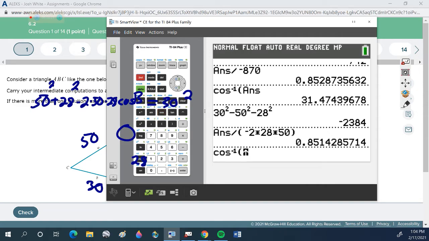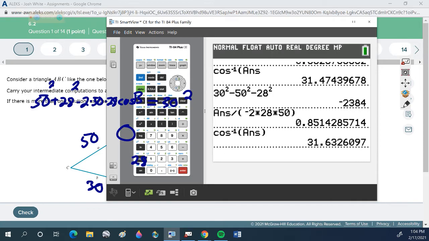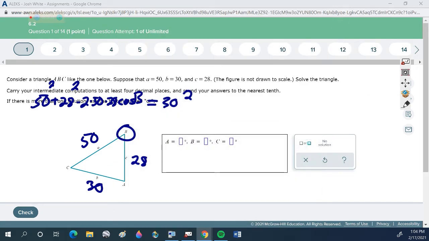So I invert the cosine of the answer, and I got 31.6. So angle B is 31.6. And notice it says round your answers to the nearest tenth. So don't push second answer when you do more calculations. Leave it at 31.6, or your decimals might be a little bit off.